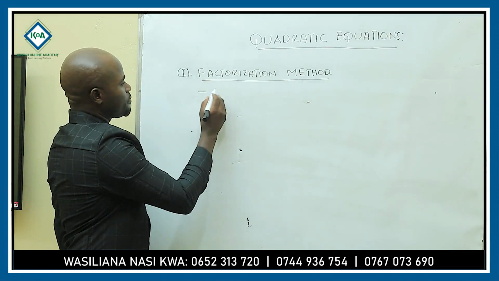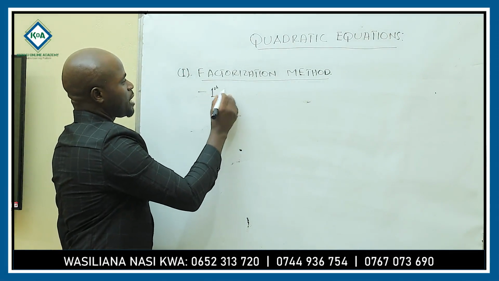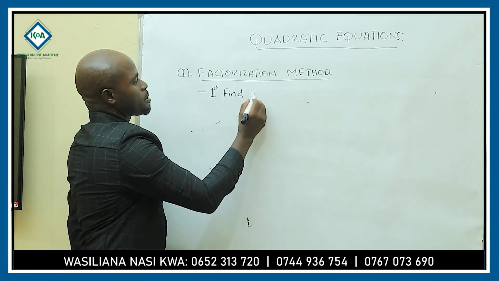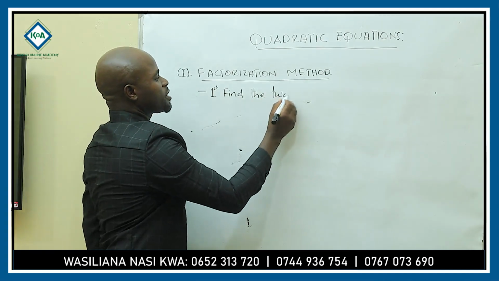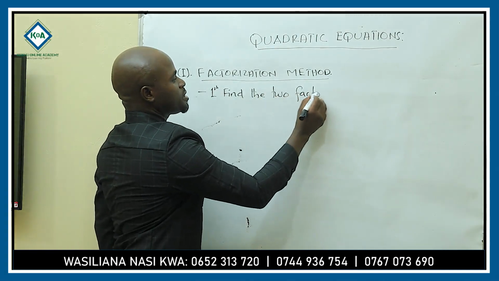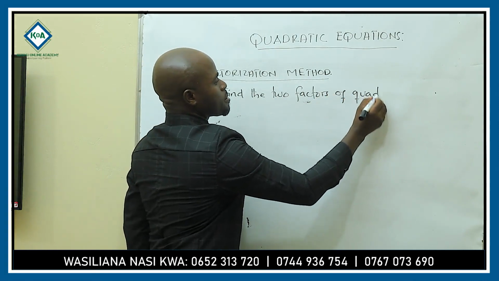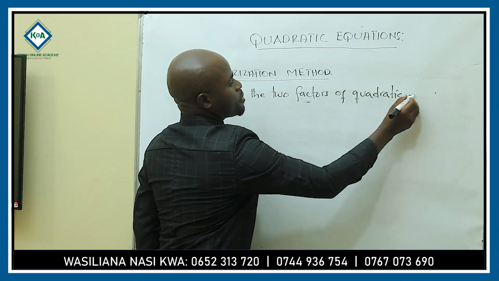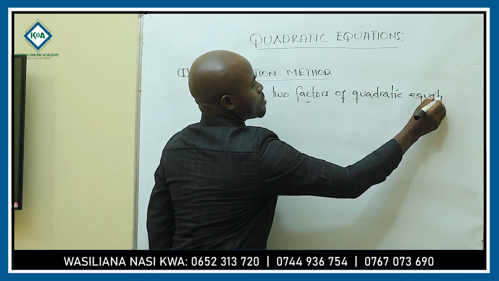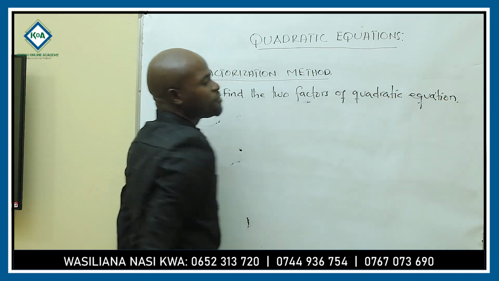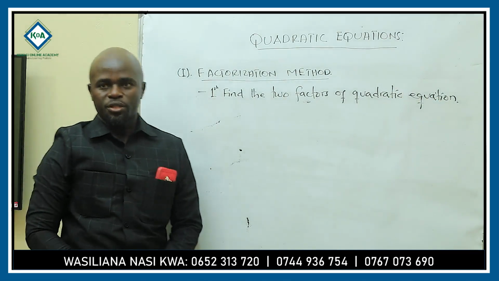So here we first find the 2 factors of the quadratic equation. Find the two factors of the quadratic equation.